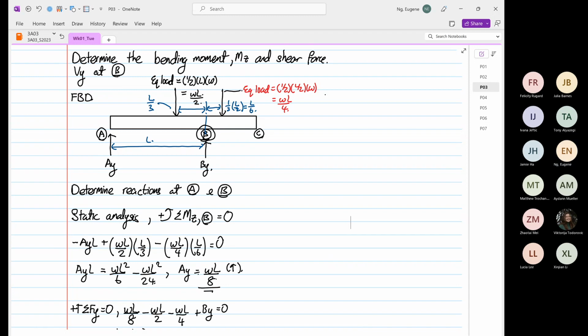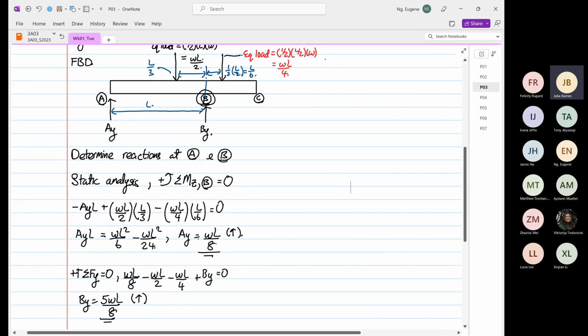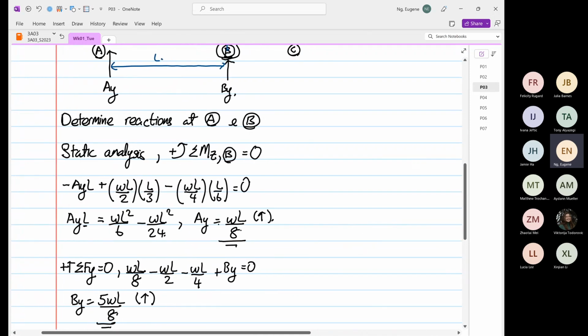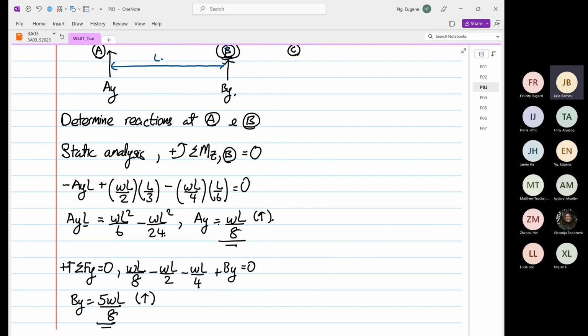Yeah, sorry, Prof. When you were initially calculating AYL, you had L squared, and then when you got to your final answer, you just have L. I'm just wondering what happened to the squared. Oh, okay. So I skipped a step. You see the L over here? I brought it down, so that's why the squared went missing. Oh, okay, cool. Thank you. Yes, sorry, I skipped the step over there.